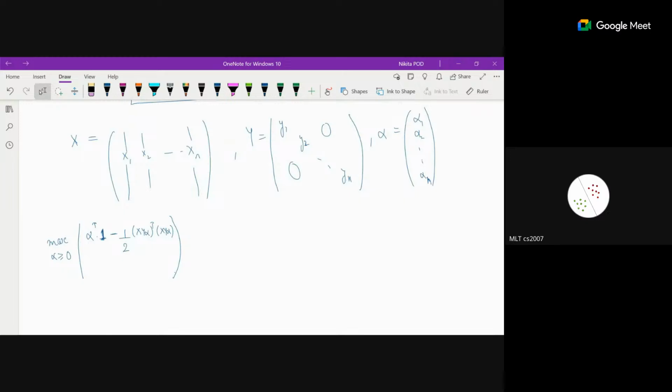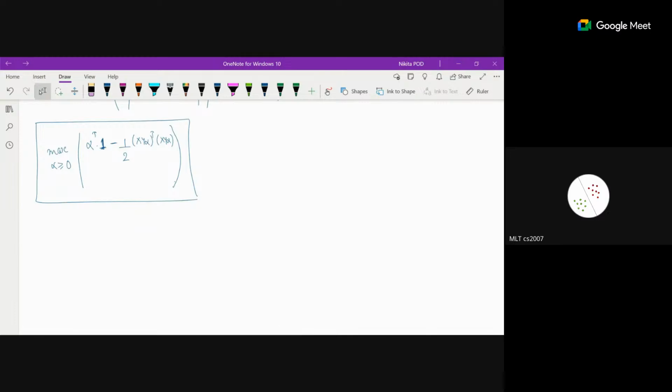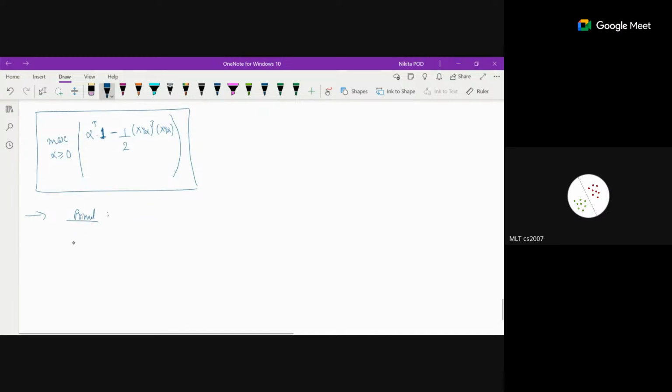So now this is my problem. Where we had started, my primal problem was min over half of norm of W square subject to the constraint that W transpose xi yi is greater than equal to 1.